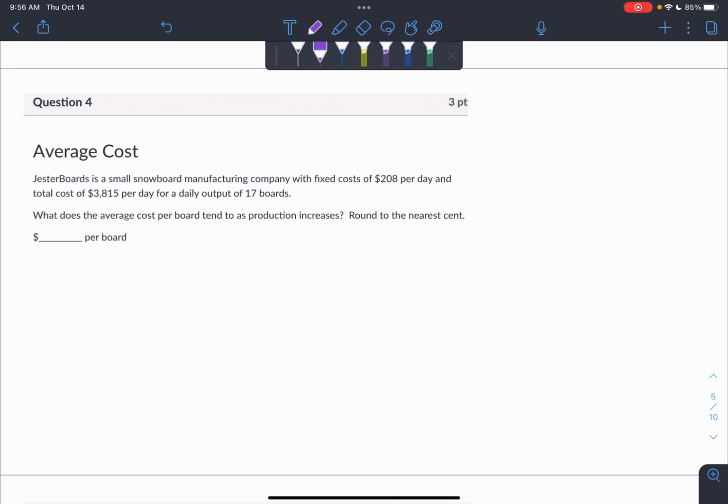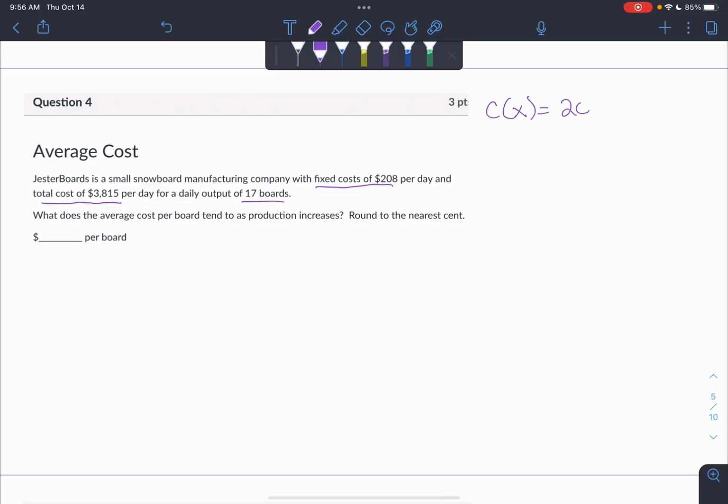All right, average cost. So we have a snowboard manufacturing company, fixed costs of $208 per day, and total cost of $38.15 for a daily output of 17 boards. So a lot of information happening here. So we have this C of x.